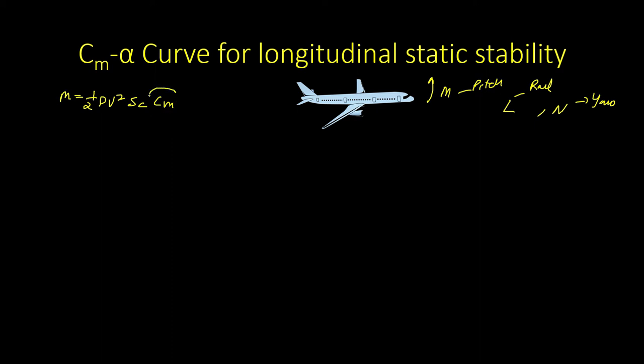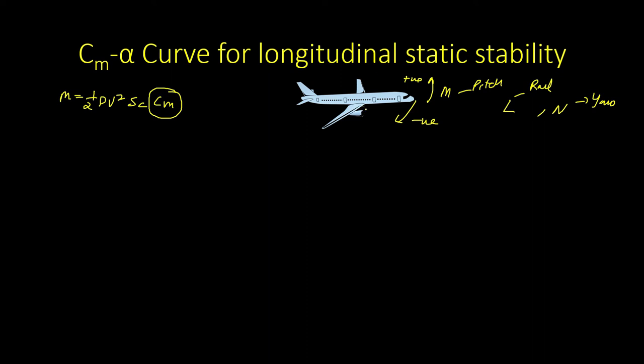So the Cm will affect the change in moment. If the Cm is changing, the moment will change. If the Cm is positive, that means the moment is positive, that means we have a pitch up moment. If the moment is negative, that means we have a pitch down moment. So pitch up is positive and pitching down is negative.